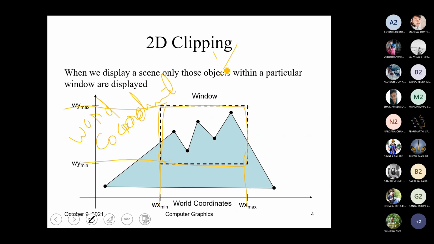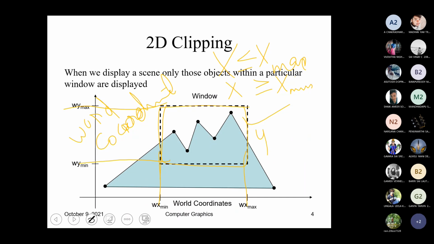You should remember there are certain conditions to satisfy. Point clipping is used to determine whether the point is inside the window or not. This is your window, remember that. For the following conditions, we have to check: x should be less than or equal to x max, and x should be greater than or equal to x min. These are the conditions.